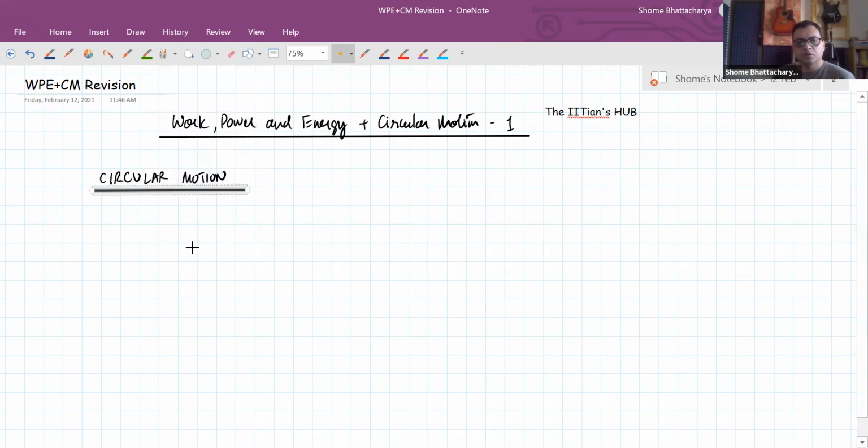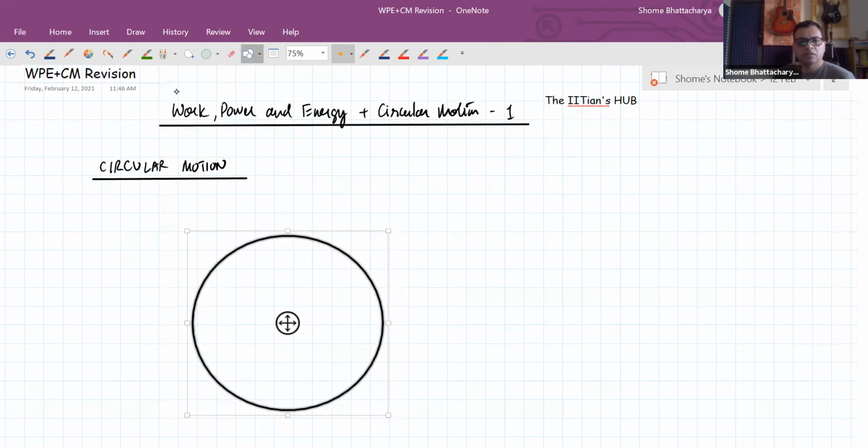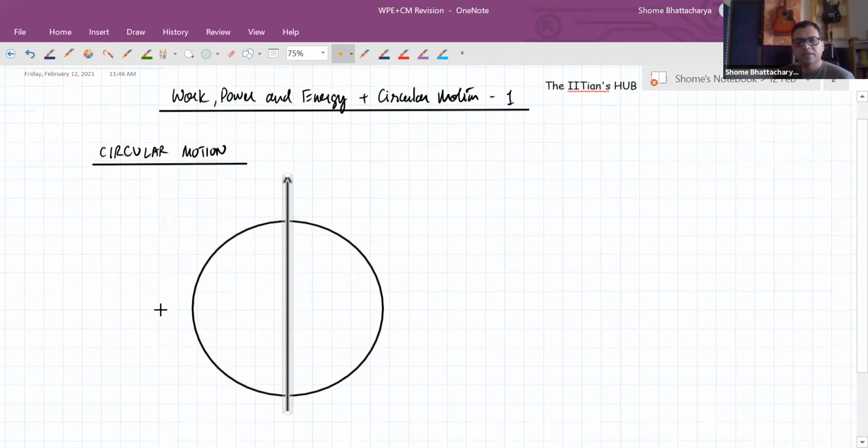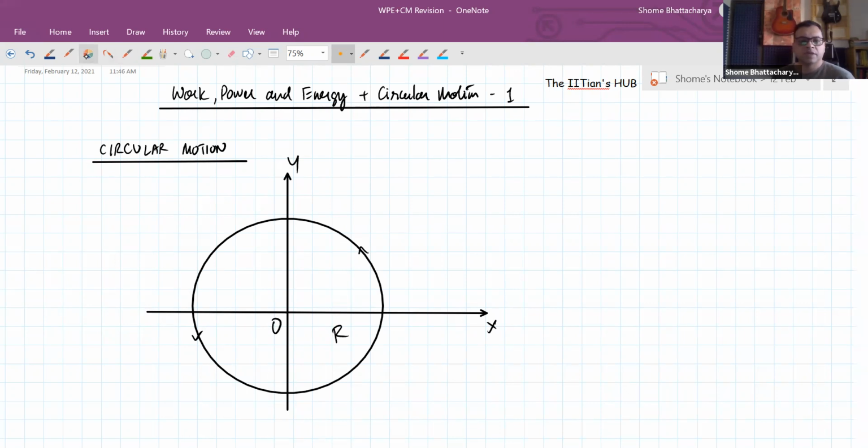So for a particle or a body in a circular path or a circular trajectory, we know that by definition, if we define the origin of our coordinate system as the center of the circular trajectory, then the instantaneous position vector of such a particle which is in circular path remains constant with respect to time.